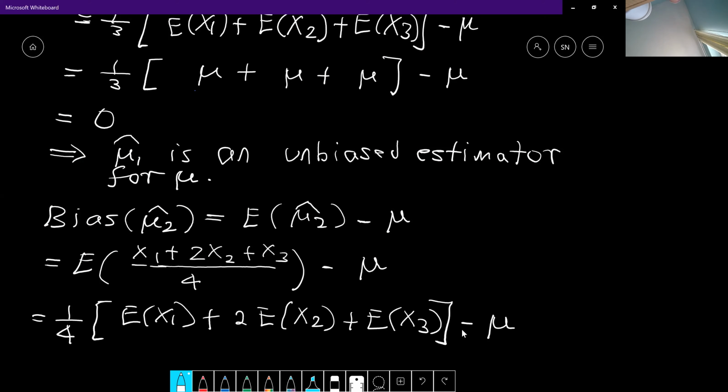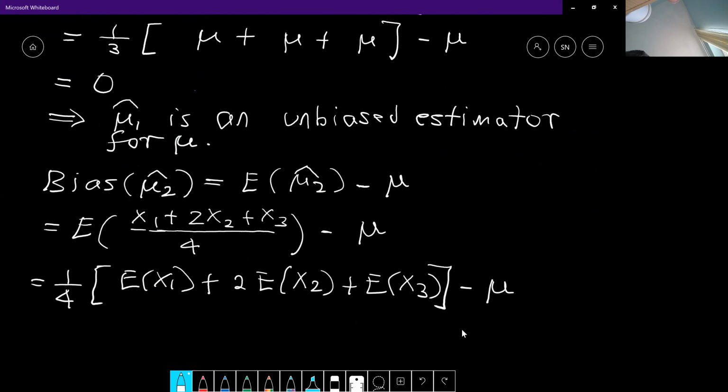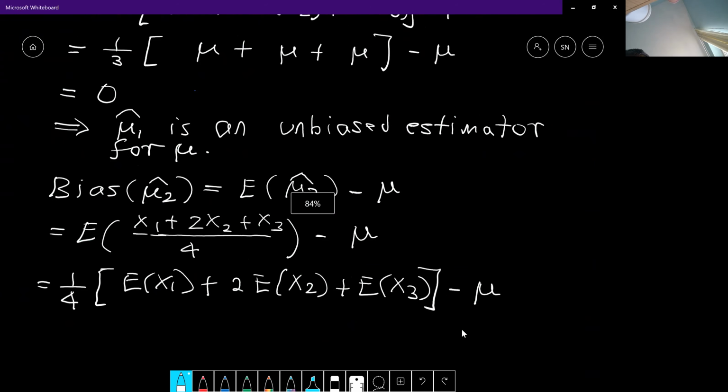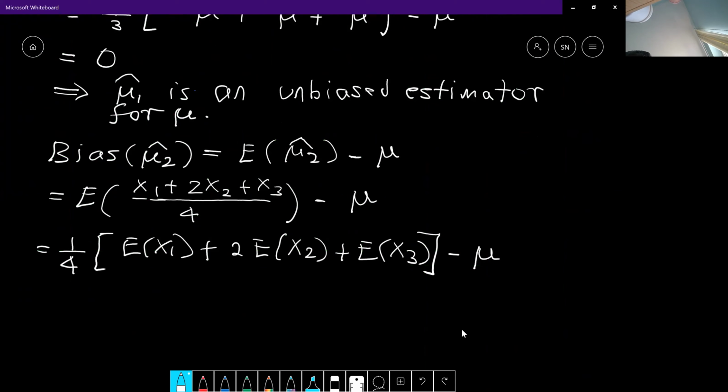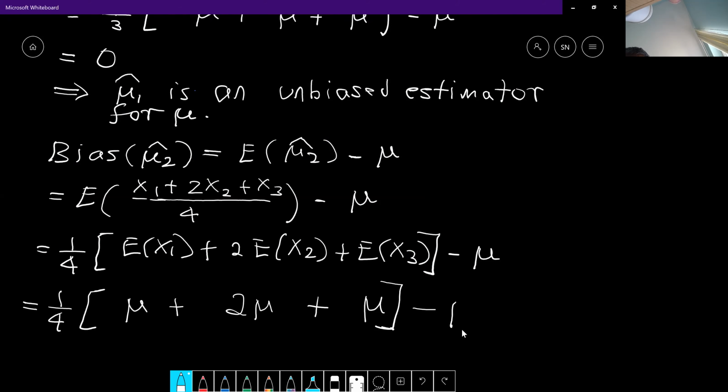So this becomes a quarter of mu plus 2 mu plus mu, minus mu. This is once again equal to 0.